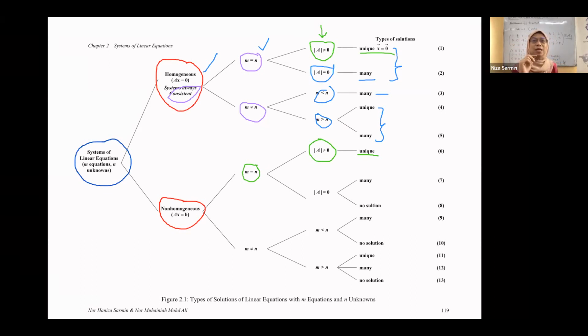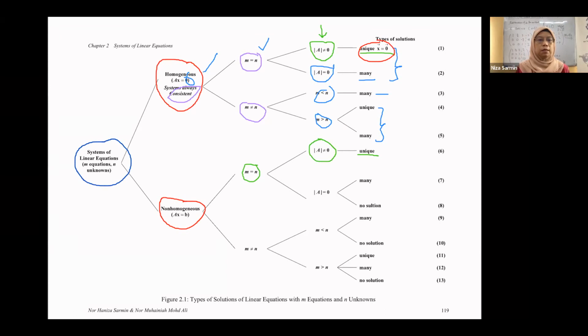The unique one that I didn't mention, if this homogeneous is equal to 0, what does unique mean? Unique means it's always 0 solution, 0, 0, 0, 0. So when you get Ax equals 0, and this is unique, it means x is the 0 vector. That's unique.